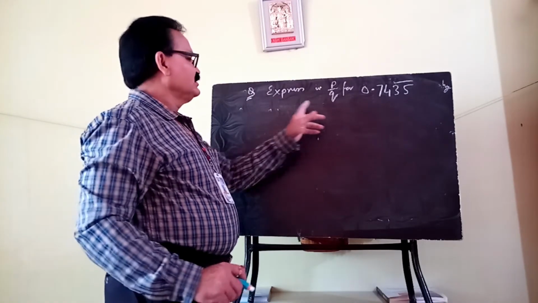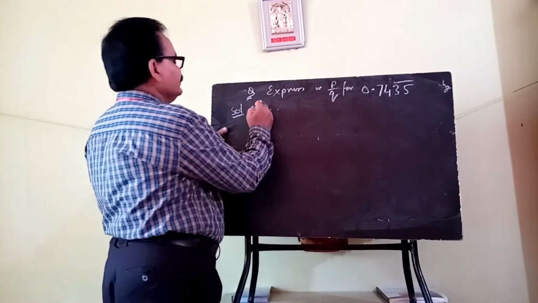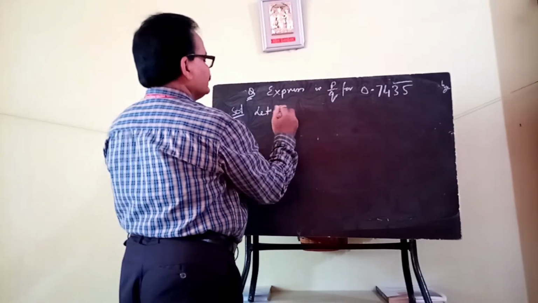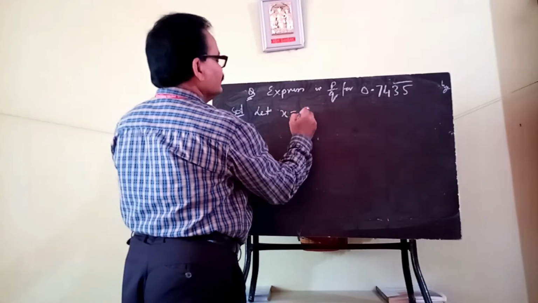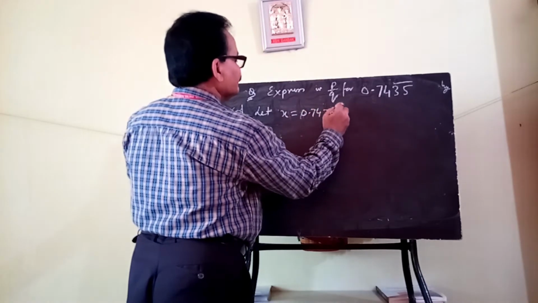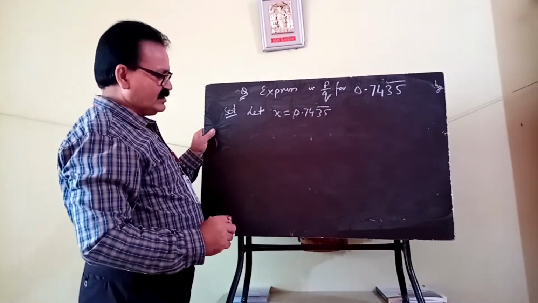For the solution, suppose this value is x. Let x be 0.7435 with a bar over 35.